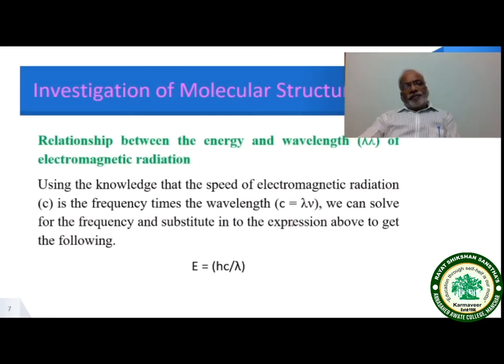Now see here, again we can interrelate this nu from the simple equation c is equal to nu lambda, and we rewrite the equation for quantum of energy, E is equal to h nu, as E is equal to hc upon lambda, because nu is equal to c upon lambda. If we rearrange this equation and substitute in the previous equation of E is equal to h nu, in terms of nu, we get hc upon lambda.